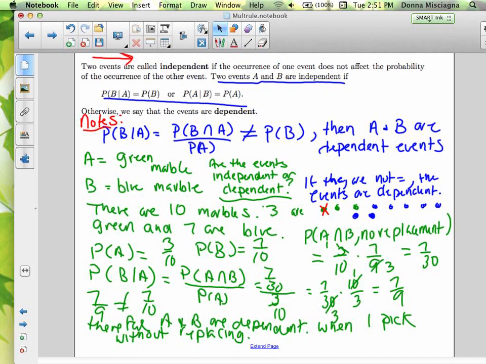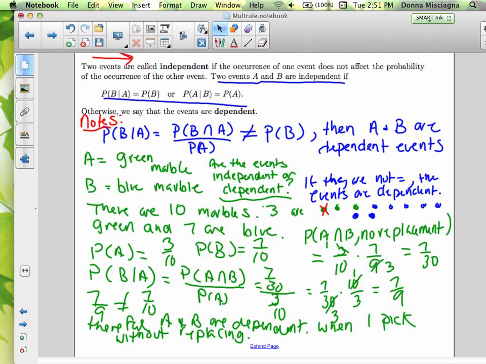So, picking a marble without replacing, that is a dependent event. We know, first of all, we change the sample, so it has to be a dependent event. But now we can also calculate it out algebraically that this has to be a dependent event because the probability of picking the blue marble after we picked the green marble is not the same as the probability of just picking a blue marble. Okay?